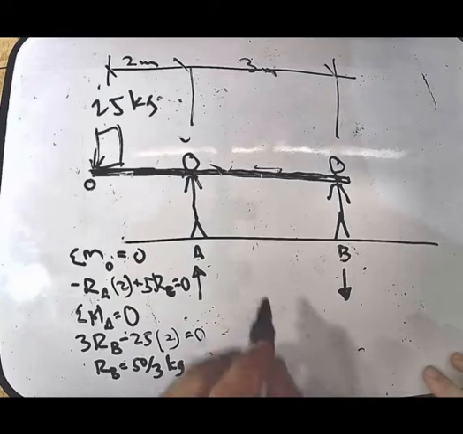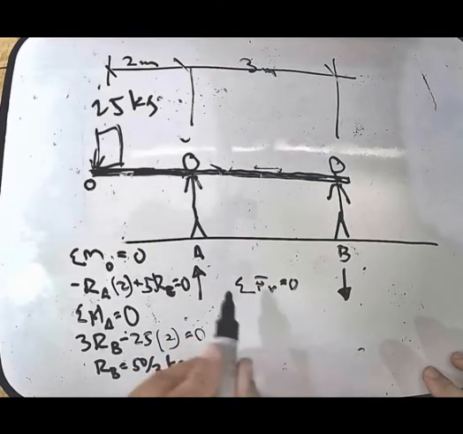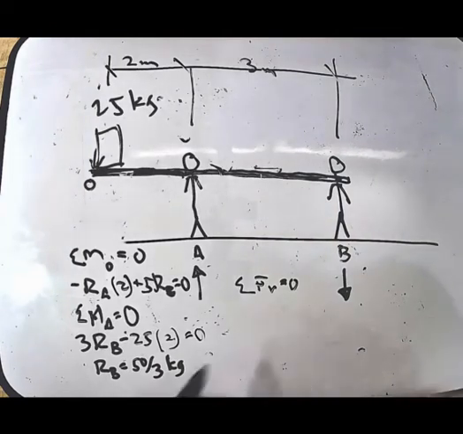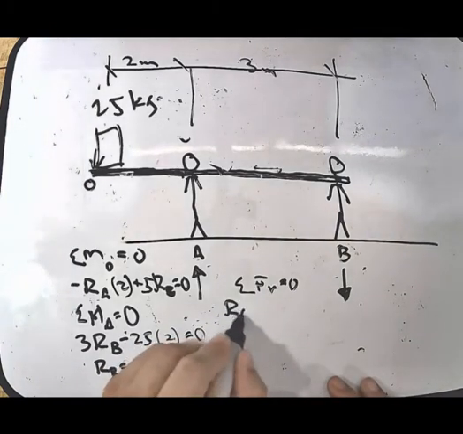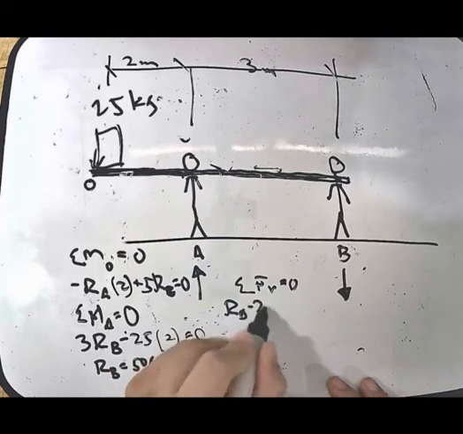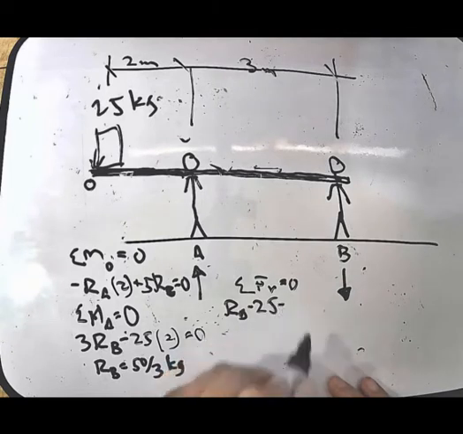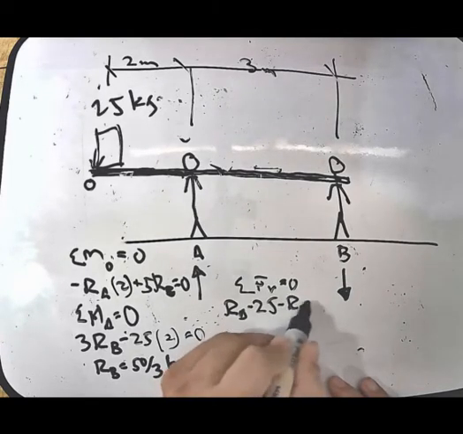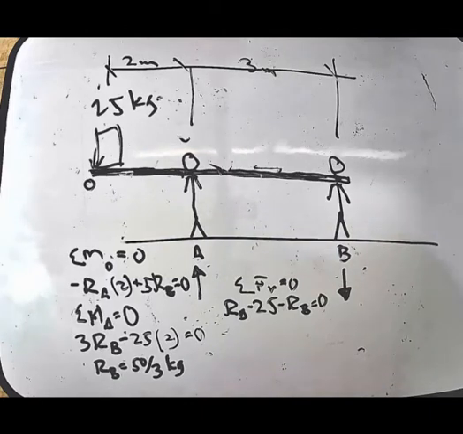Next is, pwede tayong mag-summation forces vertical ngayon equal to 0. Taking upwards as positive, downwards as negative. So, reaction A minus 25 minus RB equal to 0. Okay? So, notice na yung dito, si R sub B is 50 over 3 kilograms.